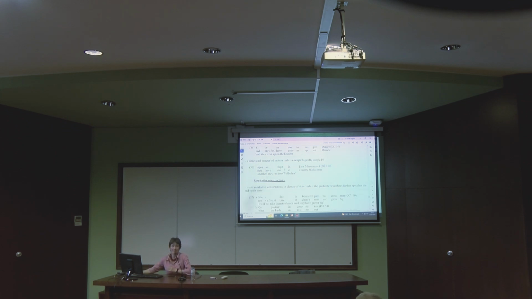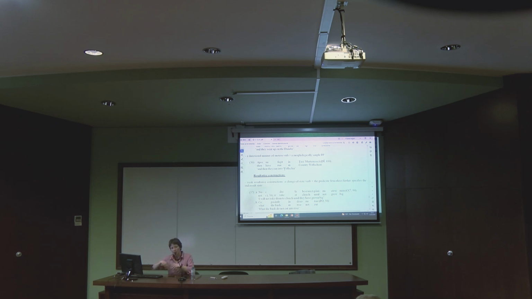Resultative constructions, exactly the same. That is, the verb inherently expresses change of state, right? Such as a crește, to grow here, a tăia, to cut, to break, and so on and so forth. And then either an adjective phrase or most probably a PP. Again, the predicate only lexicalizes or further specifies the result state already included in the meaning of the verb.